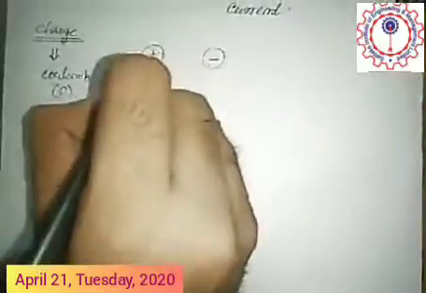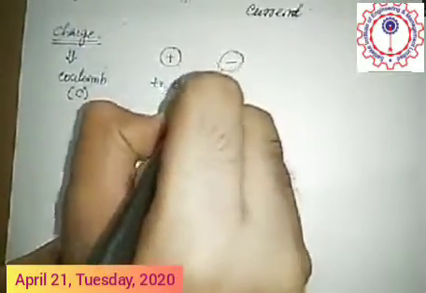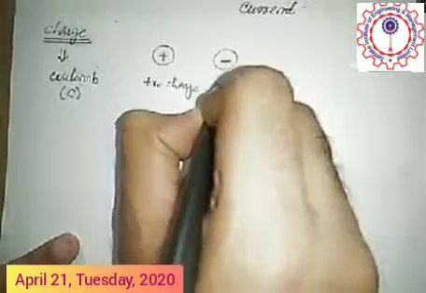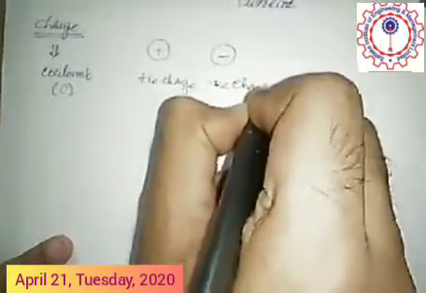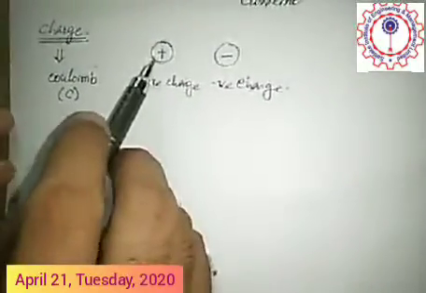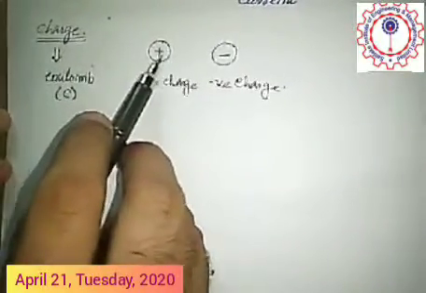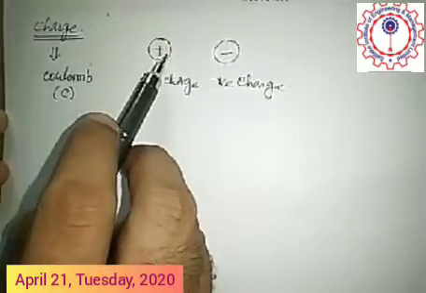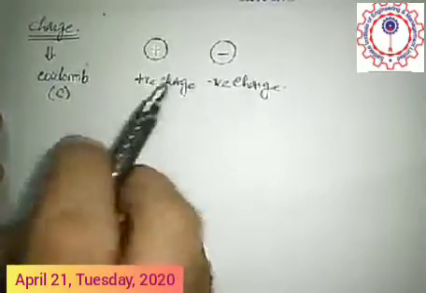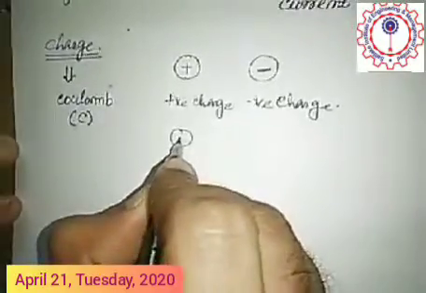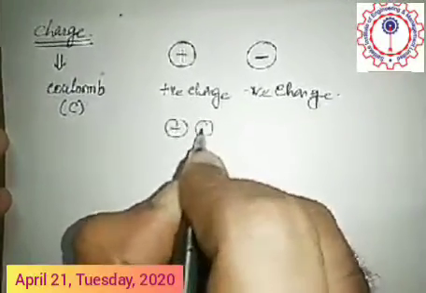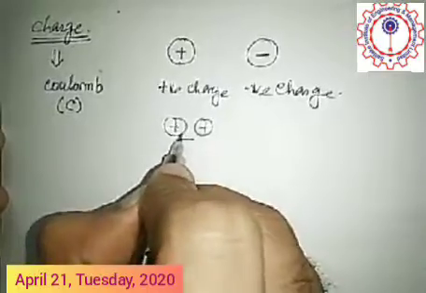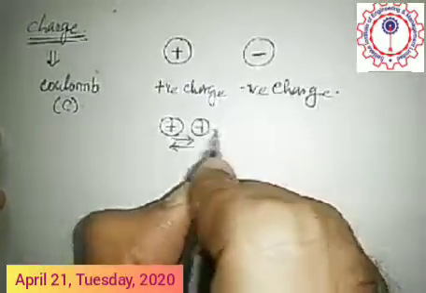And charge is of two types. One is called positively charged and another is called negatively charged. And between these two charged particles, if two positively charged particles are coming close to each other, they will be repelled.